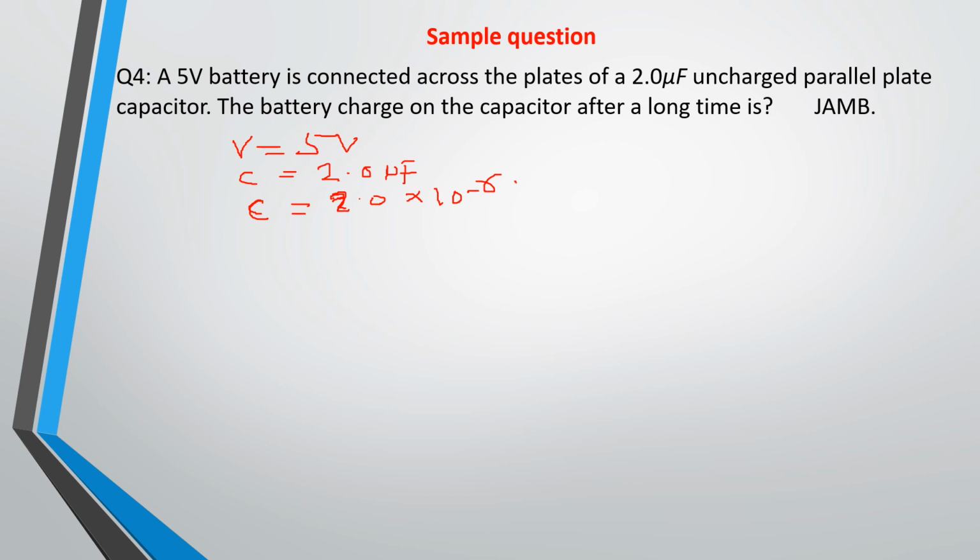So Q, from our formula, is equal to CV, and that is what we are looking for. Substitute into this formula: C is equal to 2 times 10 raised to the power minus 6, times V, which is 5.